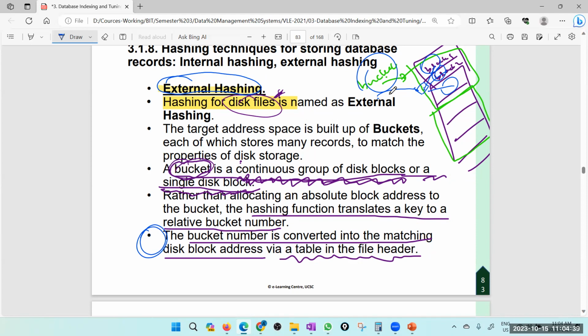For us, it is one table. But sometimes if you have millions of records, internally it is mapped to multiple data files. Maybe each file is one bucket, and inside that there's another table to map it to the correct block, because each file can have multiple blocks.